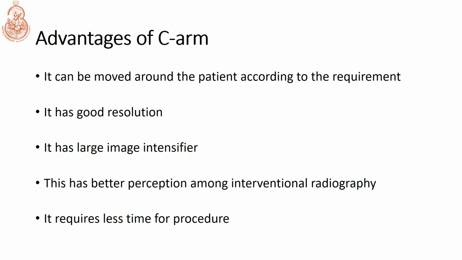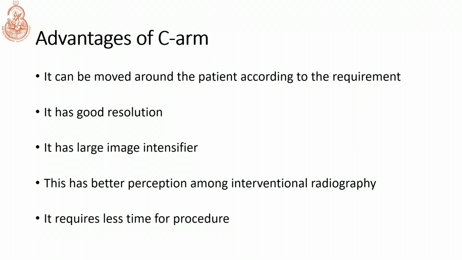The second one is that the C-arm images are of good resolution, which means that I get very good quality images using a C-arm. It has a large image intensifier. That's very important, especially when we are dealing with the vascular system.